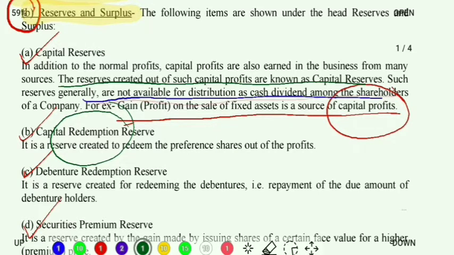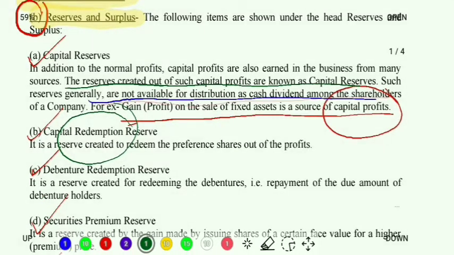Capital redemption reserve is a reserve which is created to redeem the preference shares out of the profits. When we offered the preference shares, the shareholders paid us money and we in return gave them our shares.